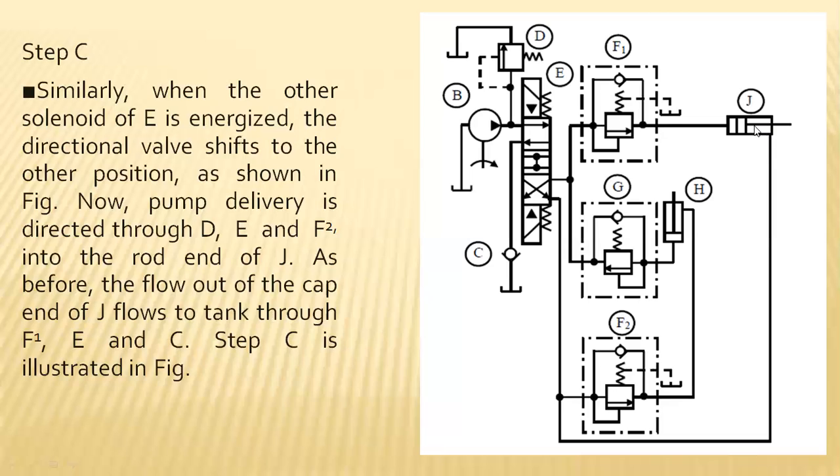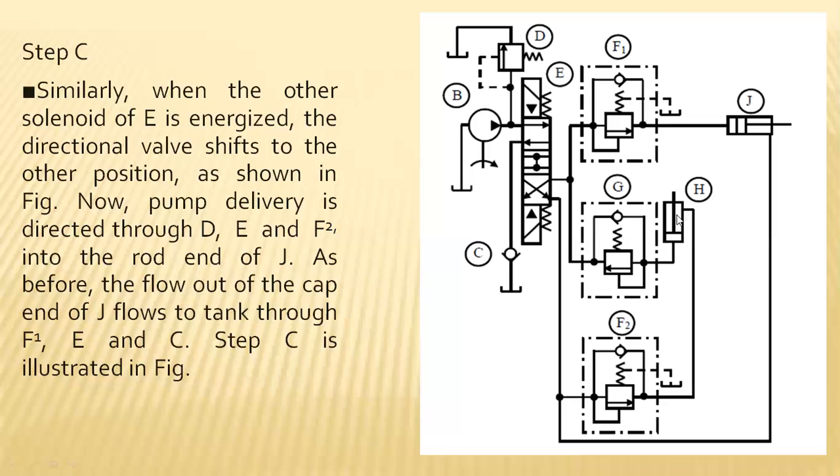after the complete return stroke back in the J, it creates the opposing pressure within the entry section of the DCV, and hence the sequence valve F2 will come into force and create the back pressure, nothing but the return stroke in the H actuator.